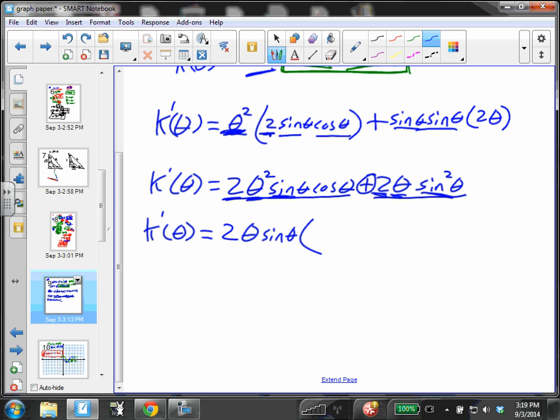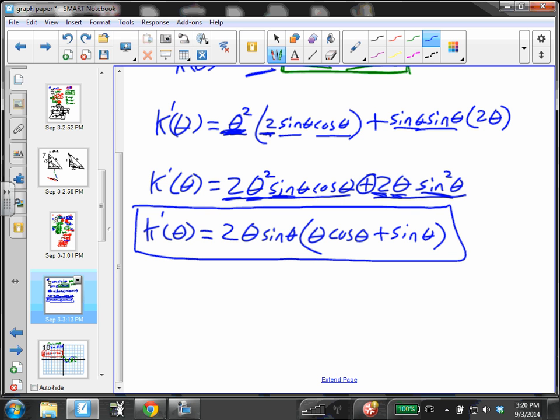So if I take out a 2, a theta, and a sine right here, what's left? Yeah, in the front part, there's just a theta and a cosine left. And in the second part, there's just one sine left, right? Because it was sine squared. And so if I took one of them away, now there's only one left, right? And you could have left it in this form right here. I wouldn't make a big deal out of that. So either way. Yeah, that's it. Not going to be a lot of simplifying going on from there.